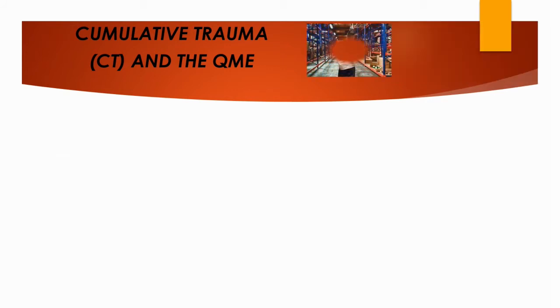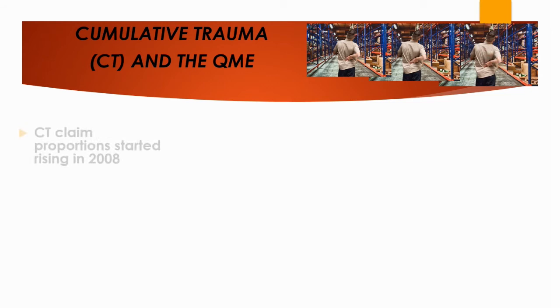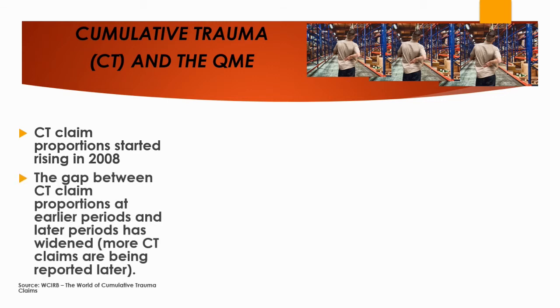Now, as we stated in the beginning of today's discussion, the proportion of claims that involve an allegation of cumulative trauma injury has been increasing dramatically over the last 5 to 10 years. And according to a study, again by the Workers' Compensation Institute Review Board, the CT claim proportions started rising in 2008.